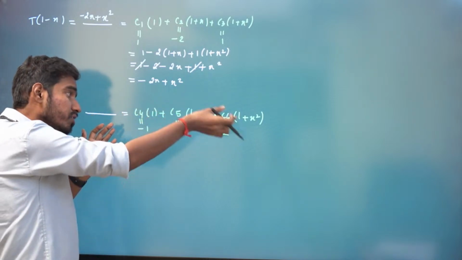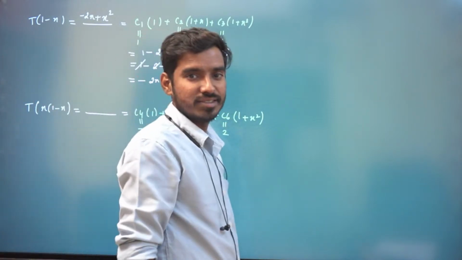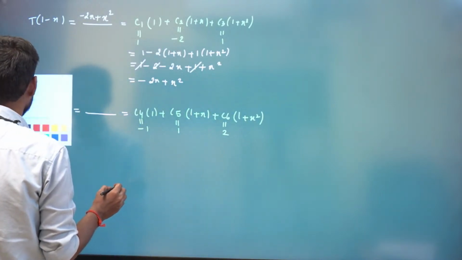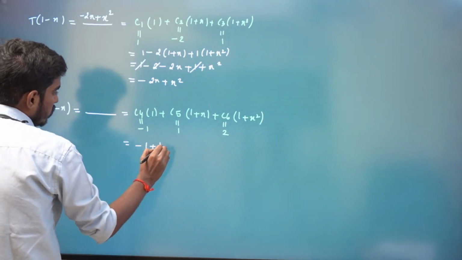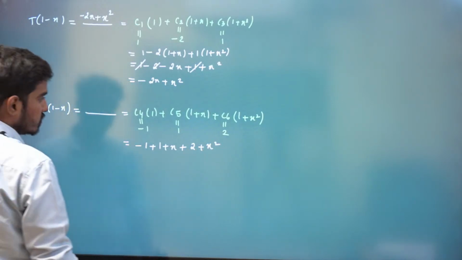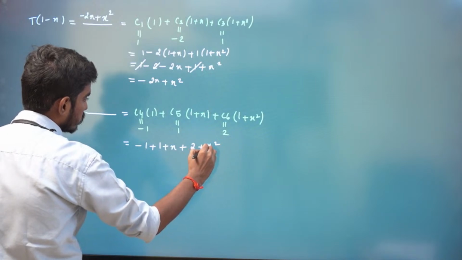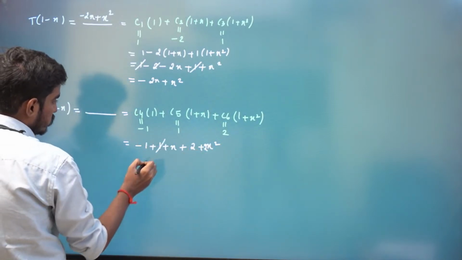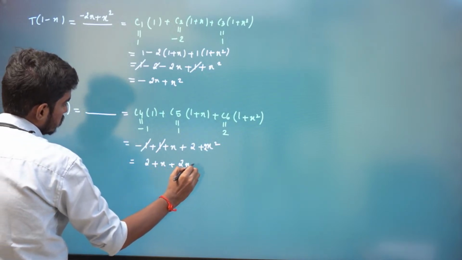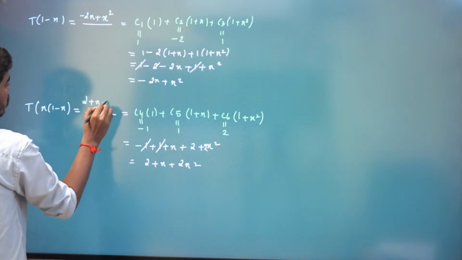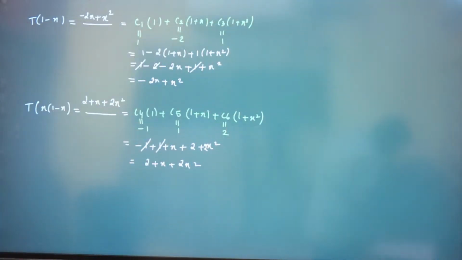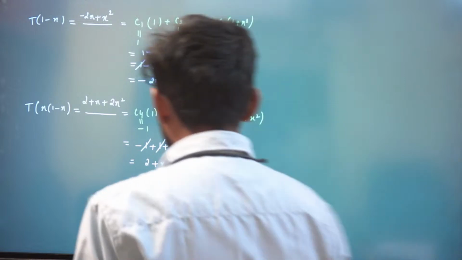You know these coefficients already because you know the matrix of T. So this will be equal to minus 1 plus 1 plus x plus 2 plus 2x square. So 2 plus x plus 2x square. Is it clear up to now? 2 plus x plus 2x square is the output for x into 1 minus x.